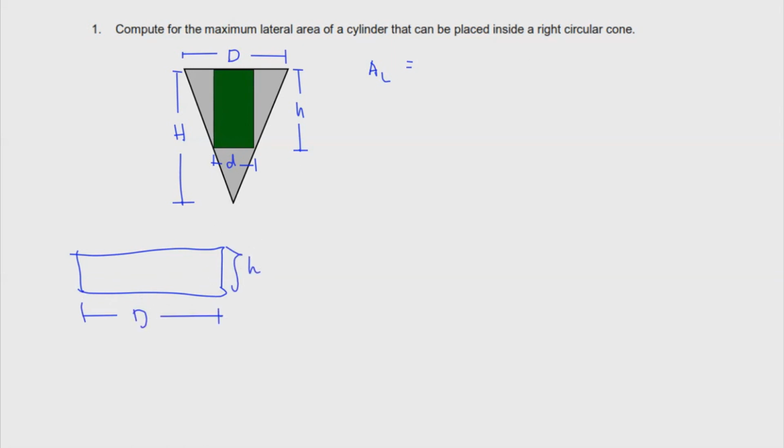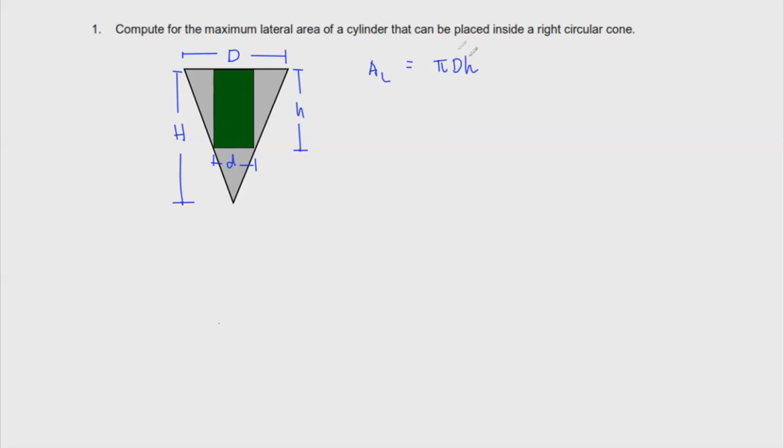Of course, that's not how it really looks if you flatten it, but the idea is that you will try to find the lateral area, which is just the frontal area of that figure. So basically that's simply pi d h.